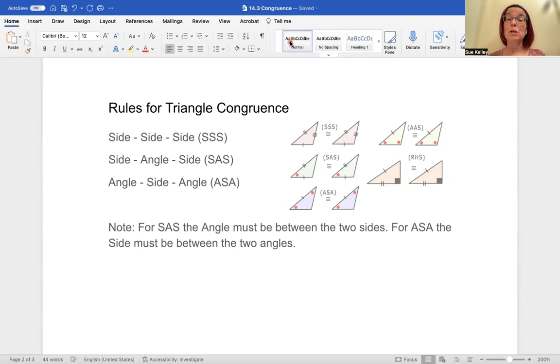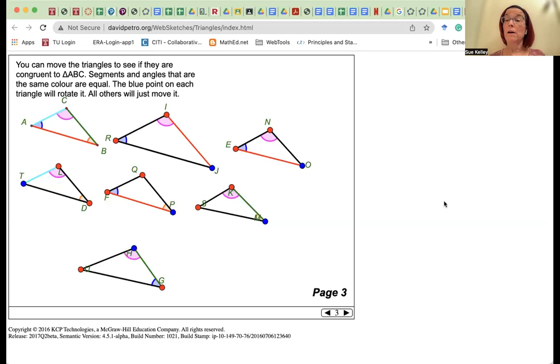Now let me take you back to my previous example of the triangles. So now we have some definitions of triangle congruence that we can definitely tell, even if we can't move the triangles, which ones are going to be congruent, right?